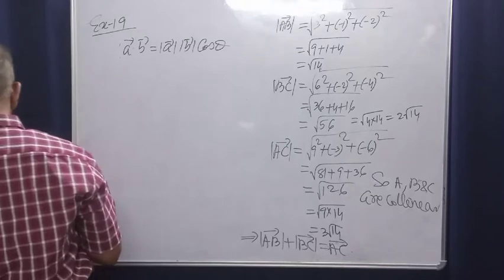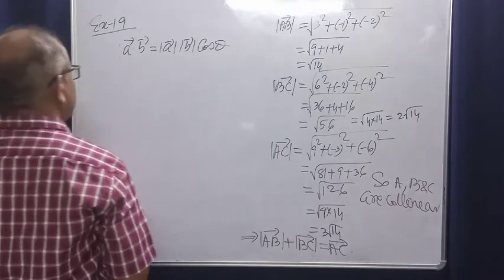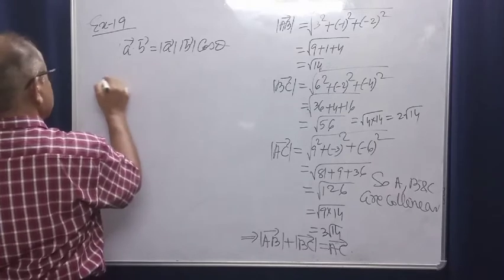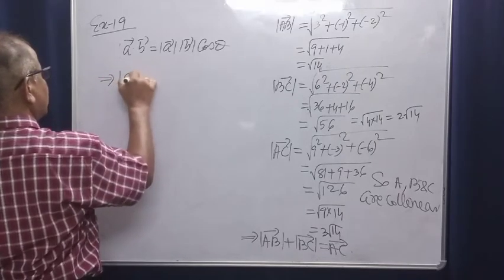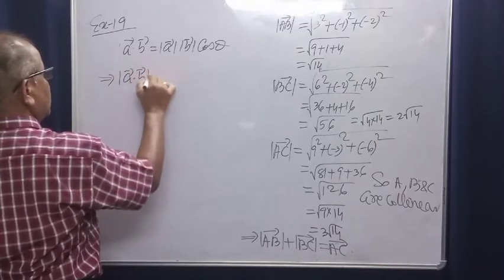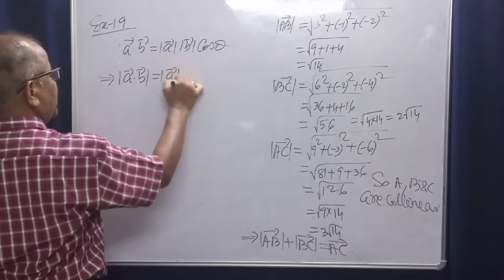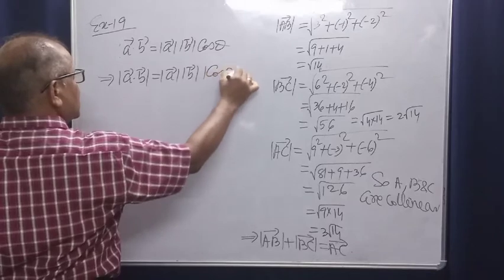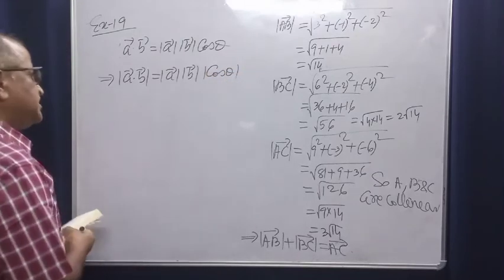So this implies magnitude of A dot B will be magnitude of A, magnitude of B into modulus of cos theta.